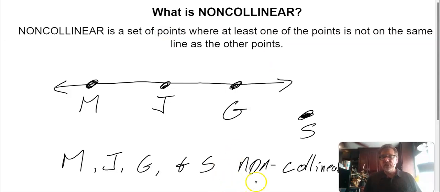Sometimes I got in the habit when I was a youngster of using the hyphen. I guess since then it's become one word. So either way, M, J, G, and S are non-collinear because S is off the line.